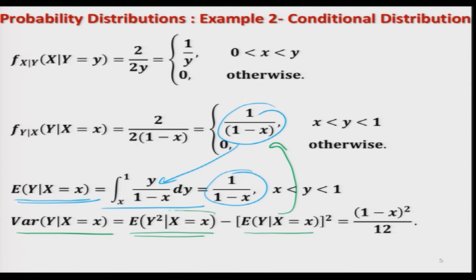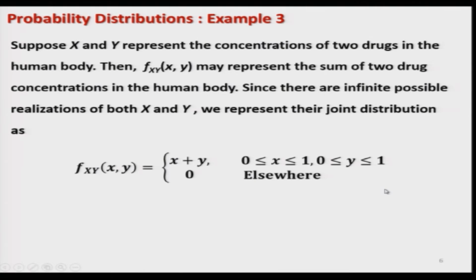So, this is essentially the expected value of y square given x equal to x, and this is the square of the expected value of y given x equal to x. And if you simply find them, simple integration, and then substitute them, solve them, you will get this answer: (1 minus x) square upon 12. That is not difficult, I am promising you. These are very simple exercises for you.